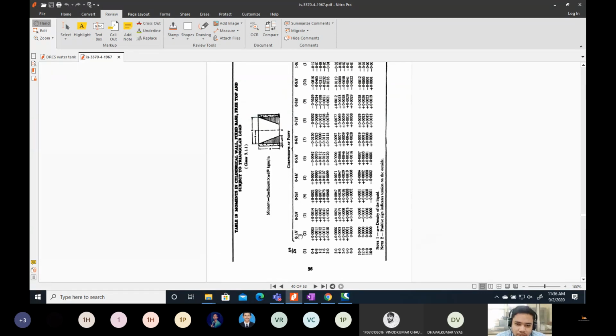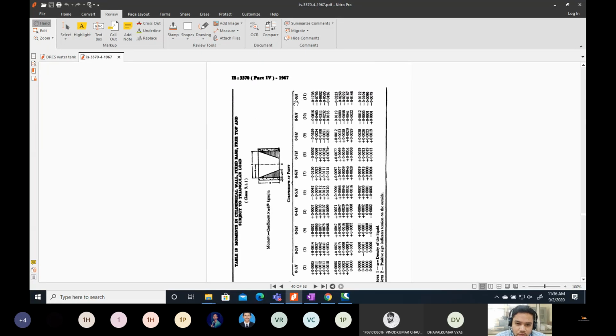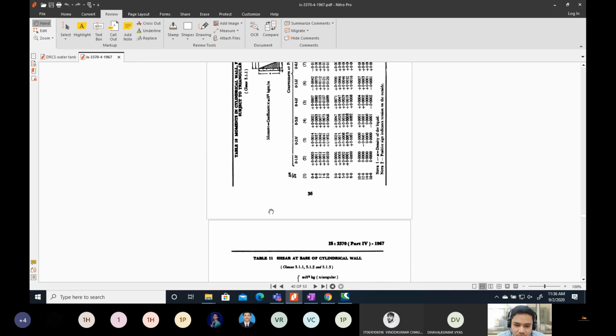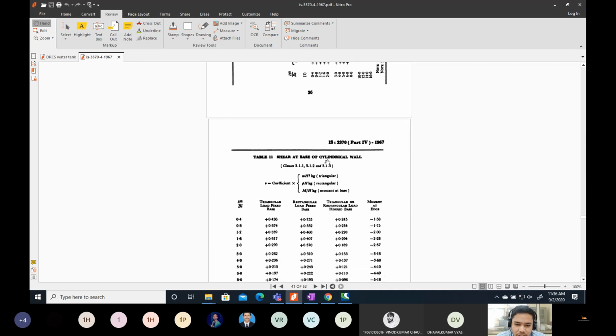So at different heights, let us say 0.1h, 0.2h, 0.3h, likewise up to the full height of the wall, you can have the moments at different depths of the wall. Then similarly, you can have the shear at the base of the cylindrical wall.